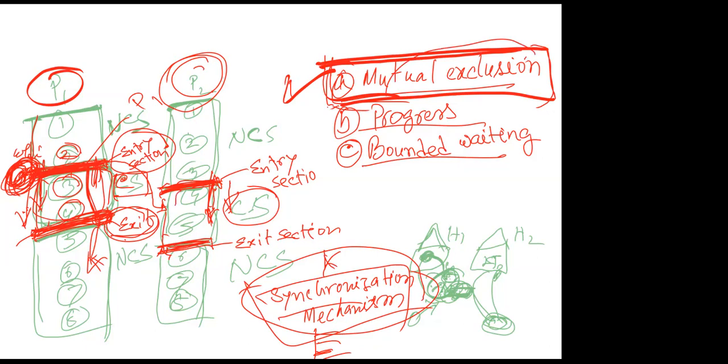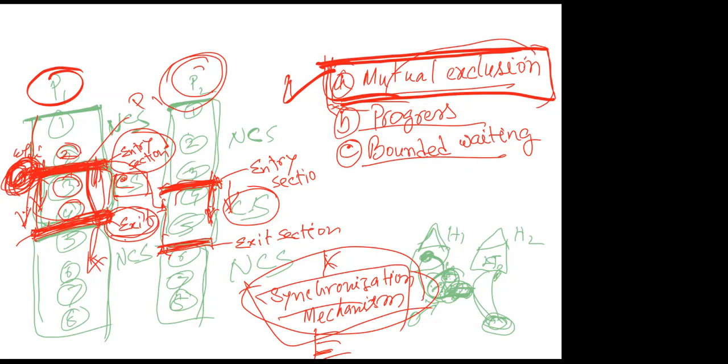This is a very big criterion to maintain synchronization and to fulfill consistency. If two processes are inside the critical section, then mutual exclusion is violated, and that doesn't make any sense for a good synchronization mechanism.